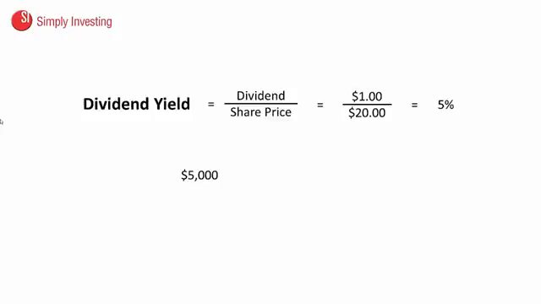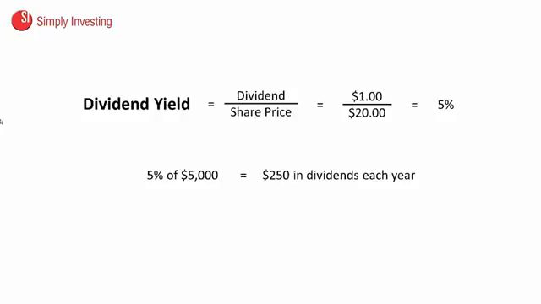So let's say you invested $5,000 in this company, and you bought shares at $20 each, and the dividend was $1 per share. Then 5% of your initial investment is going to be $250 in dividends each year.